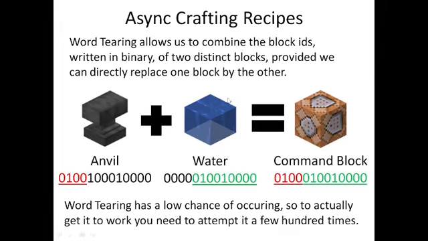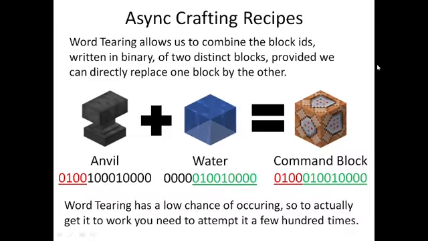So as an end result, this means that we now have new async crafting recipes where we can combine block IDs of different blocks. For example, if we have a water block in the world, at a position where the first 4 bits get stored in one long, but the other 9 bits get stored in another long, then what we could do is have an anvil fall into the position of the water and replace the water by an anvil.